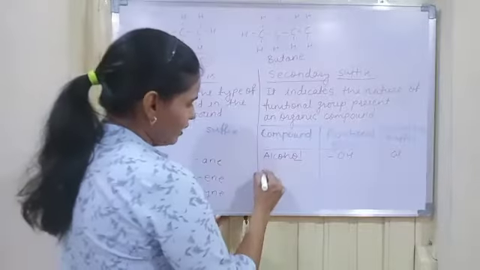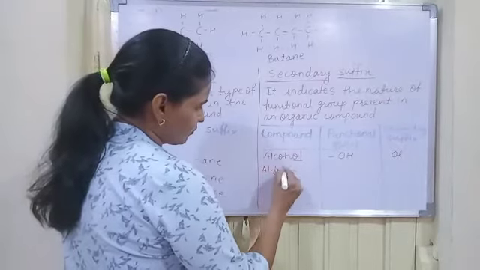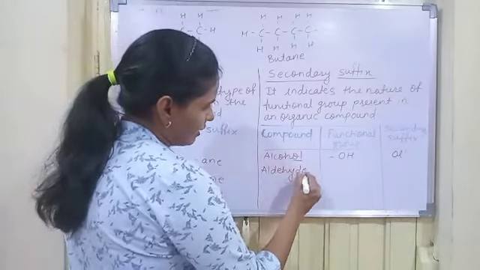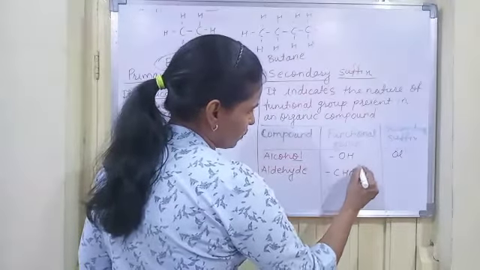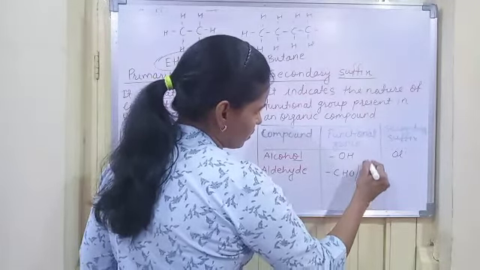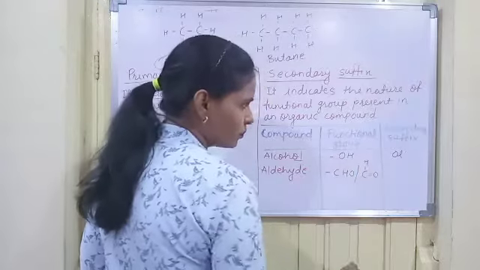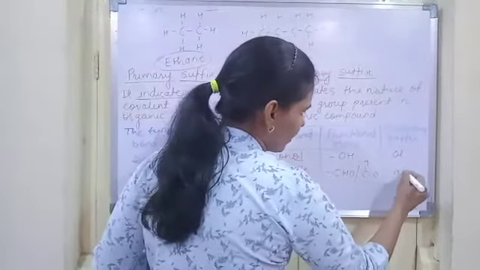If compound is aldehyde, the functional group is CHO, or C single bond H, double bond O, and its suffix will be al.